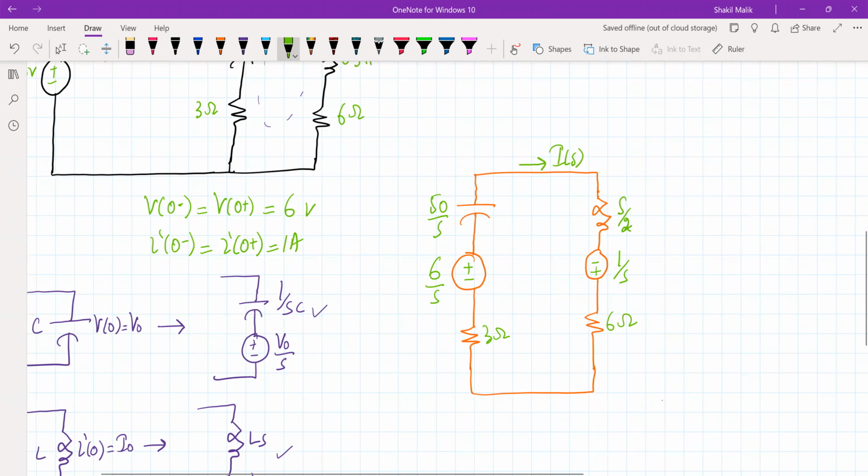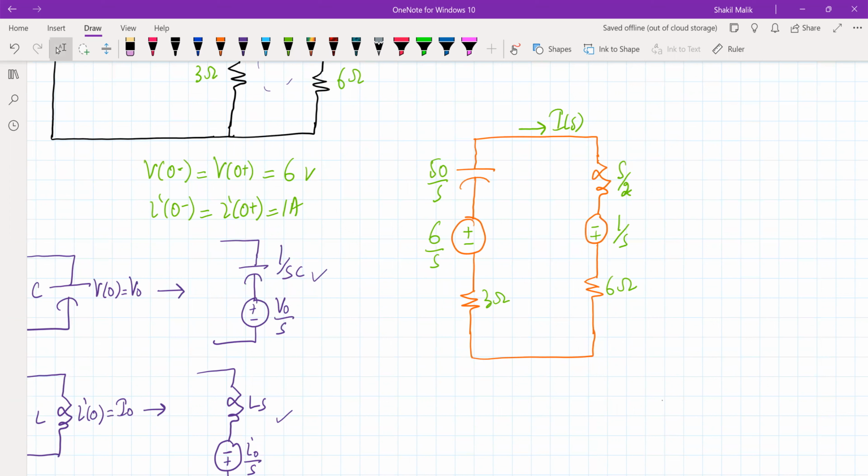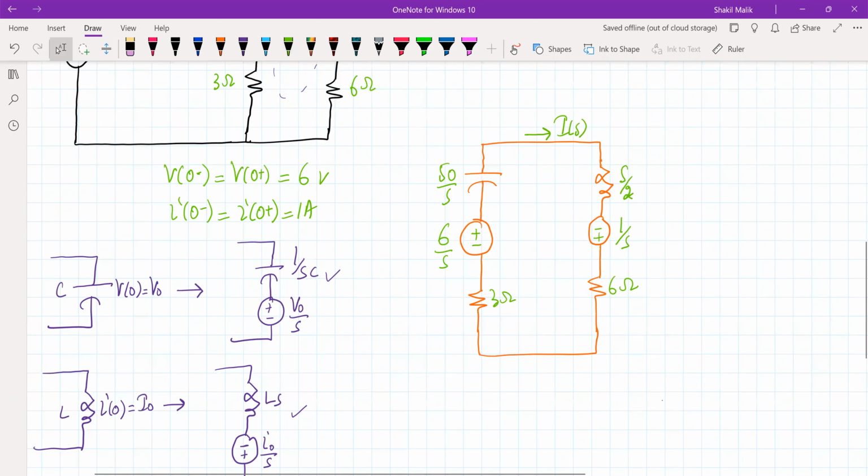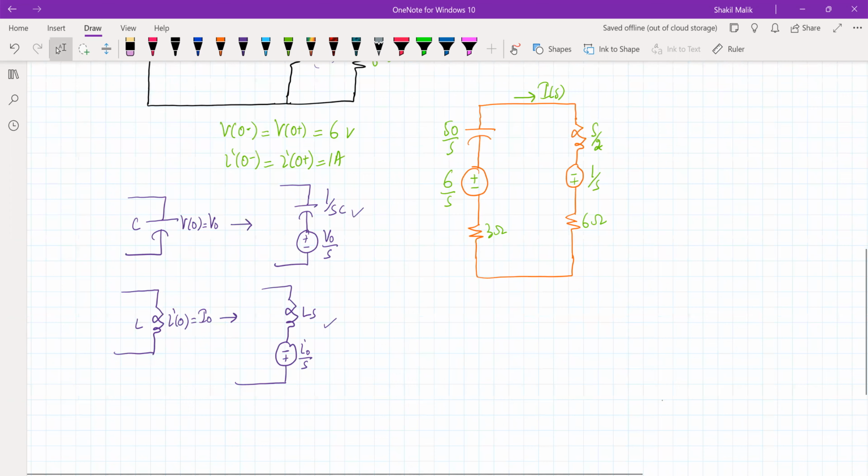Now you can write the KVL and get the value of I(S).